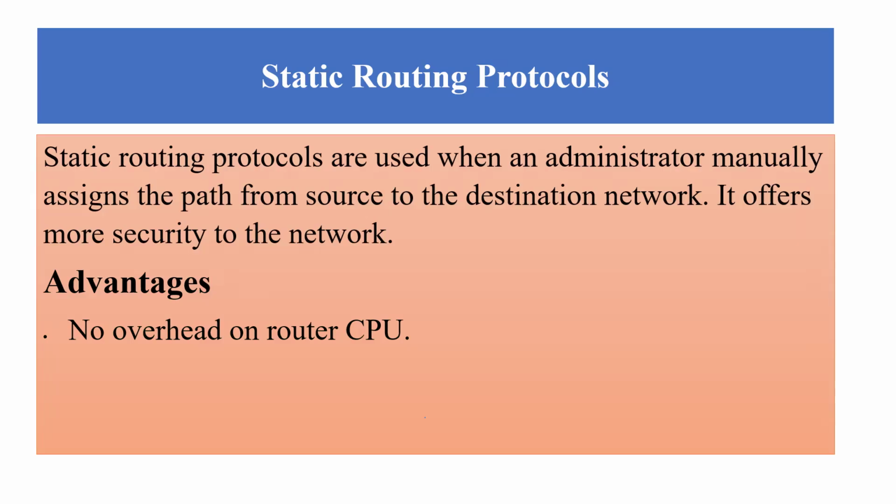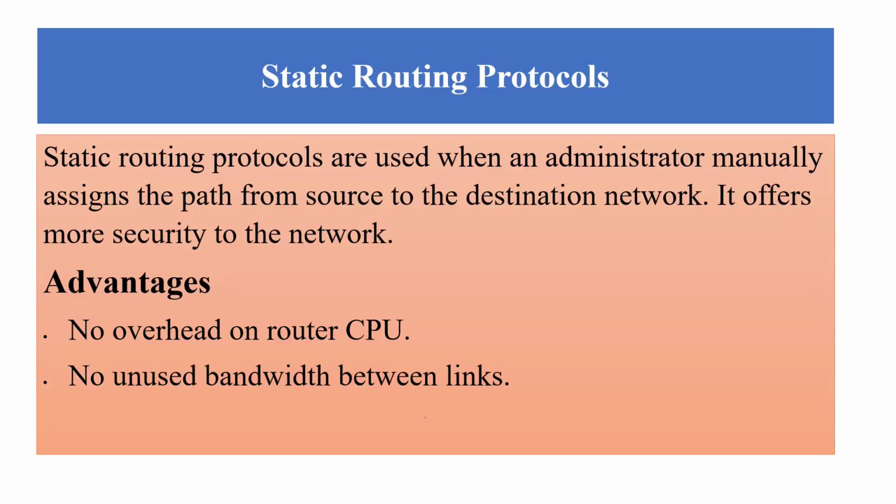network. It offers more security to the network because once the path is defined, you cannot change it. And then there's no overhead on the router CPU. The CPU does not do excess work determining the path, because it always knows where the traffic will pass.